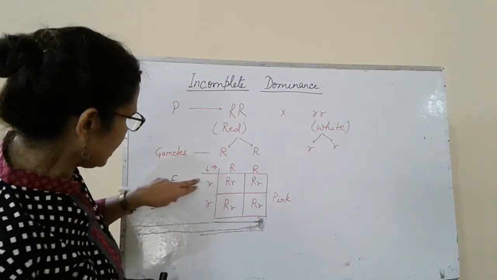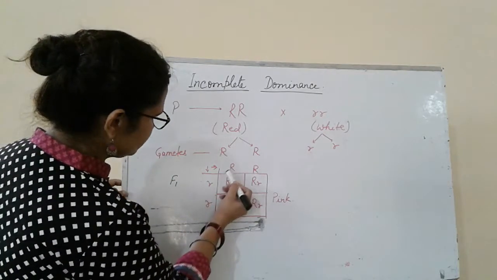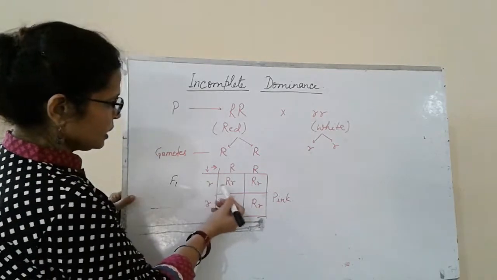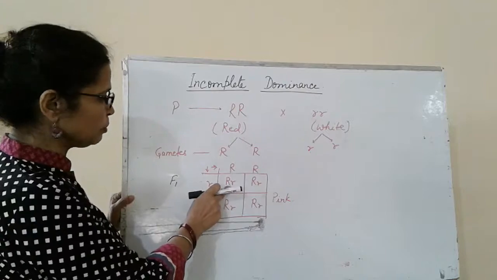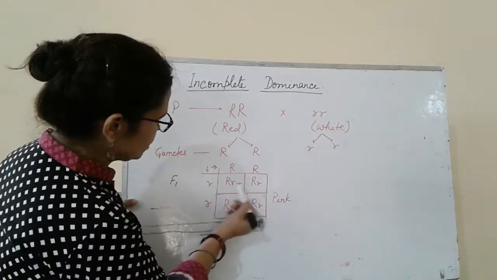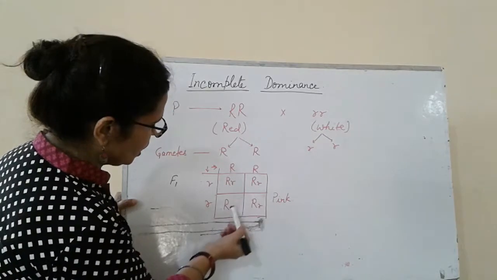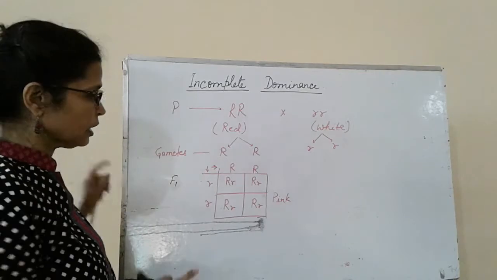These two gametes are placed in a Punnett square, and after crossing of these gametes, the offspring's genotype is capital R small r, capital R small r, capital R small r, and capital R small r.